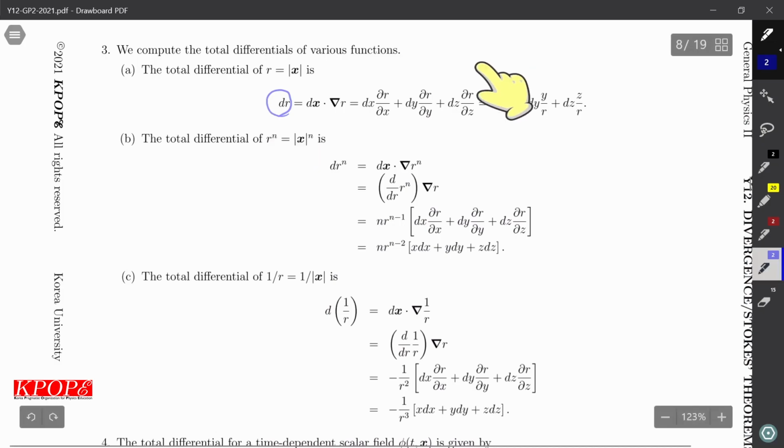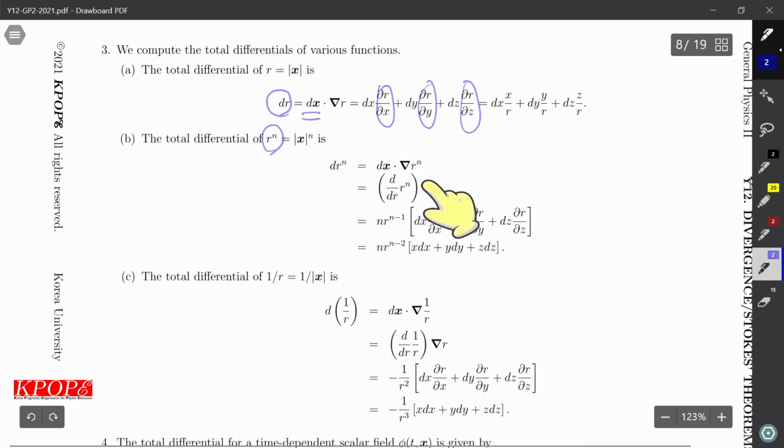R depends on x, y, z in three-dimensional space, and the gradient of R and the differential, their scalar product. We already know partial R over partial x is x over R, this one y over R and z over R. What happens in the case of the total differential of R to the nth power?